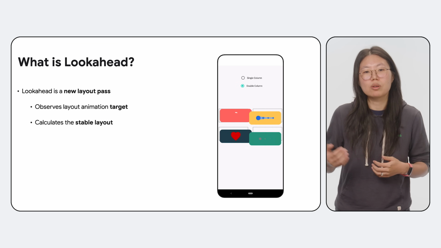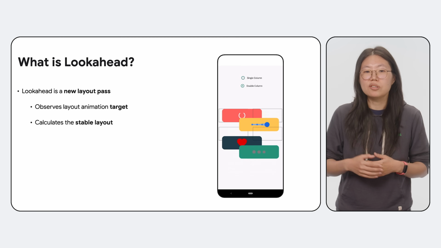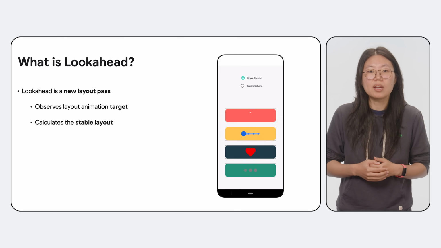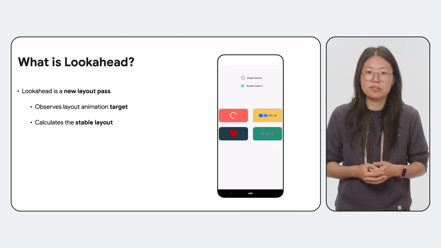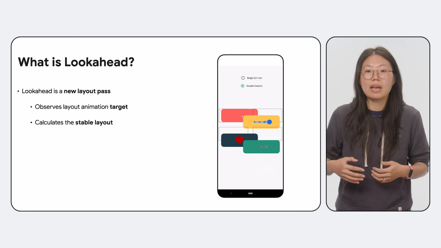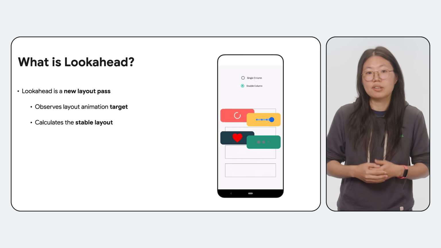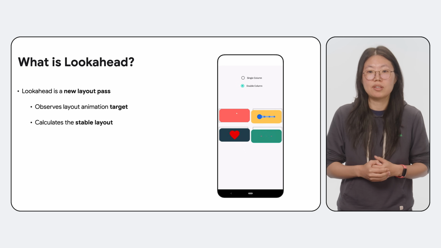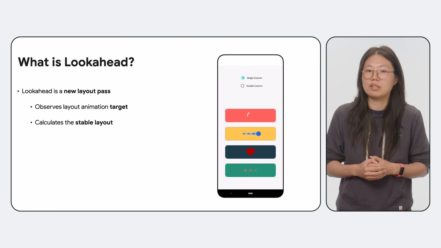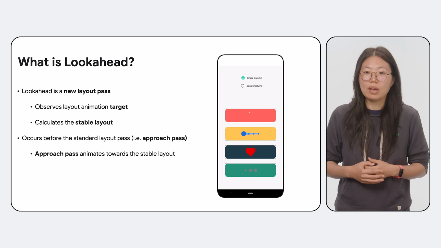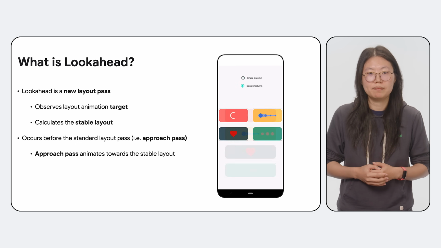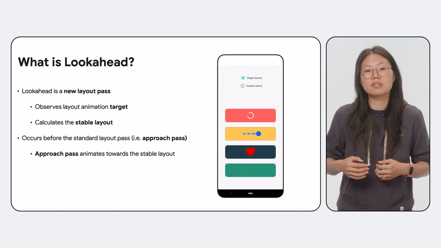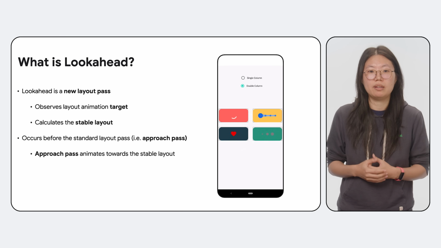Now let's define what Lookahead is. It is a new layout pass. Its intention is to observe layout animation targets and calculate the stable layout. The stable layout typically isn't rendered on screen, except in this case, we indicate the stable layout with wireframes for illustration purposes. Lookahead happens before the standard layout pass, which we call the approach pass. The approach pass produces layouts that we typically see on screen.